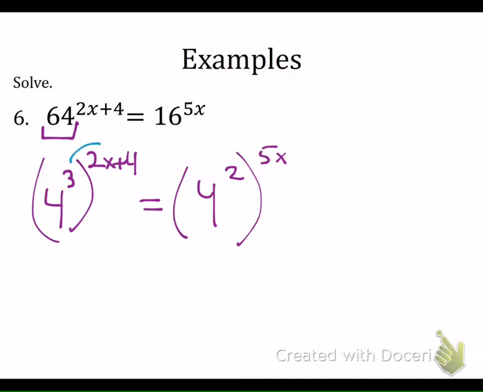So now I don't want to have parentheses before I drop my bases. You know what I'm saying? So 4 to the 6x plus 12. And then 4 to the 10x. All right, now we're good to go, right? Wait, no, we're not.